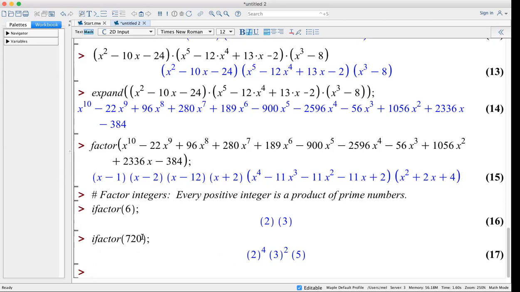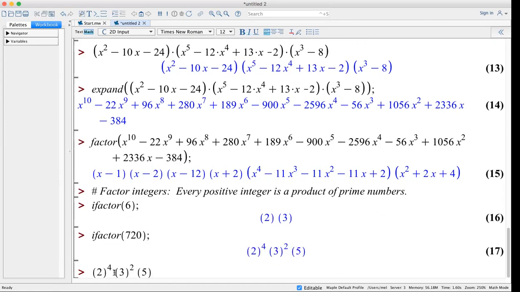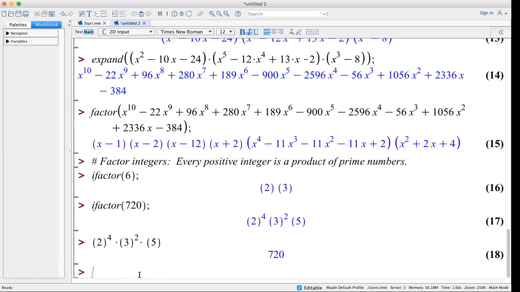But when you write 720 as a product of primes, it's 2 times 2 times 2 times 2, 3 times 3, and 5. This is the prime factorization. If you want to check, let's multiply this together. I always like to put in my times signs. Yeah, when you multiply this together, you get 720.